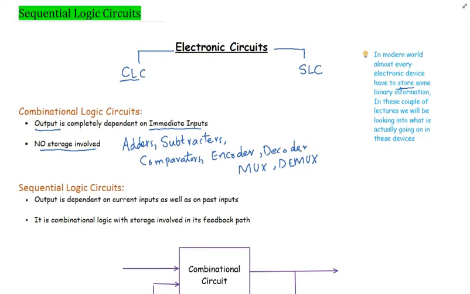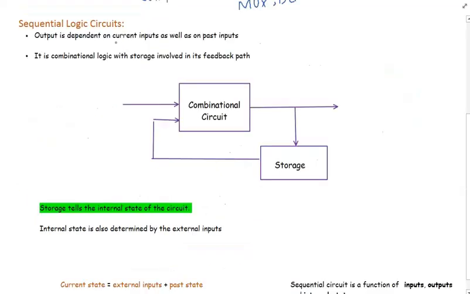On the other side we have sequential logic circuits. In a sequential logic circuit, output depends on the current inputs as well as the past inputs. So it is combinational logic with storage involved in its feedback path. This is the block diagram of a sequential circuit.